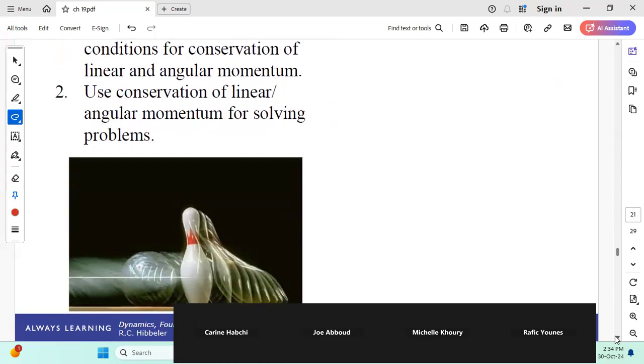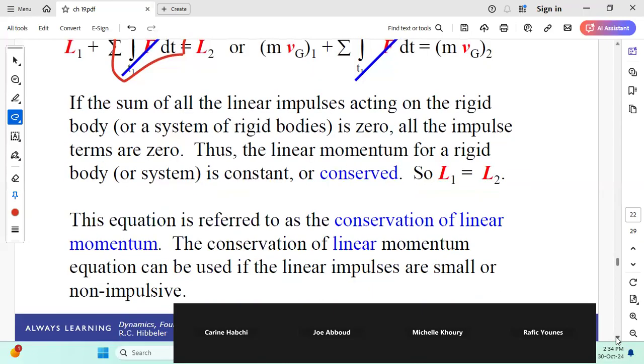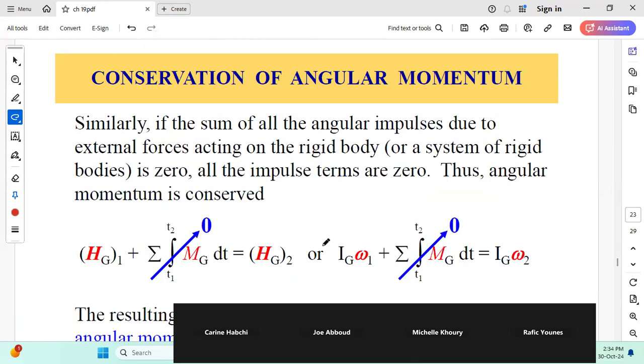Let us consider the following. When the summation of external linear impulses is zero, L1 equals L2, and this is conservation of linear momentum. The same applies in angular momentum.